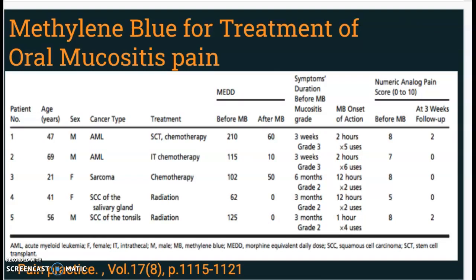And as you see in this table, all these patients did extremely well. Their pain score decreased significantly, and also their morphine equivalent dose decreased after the methylene blue oral rinse.